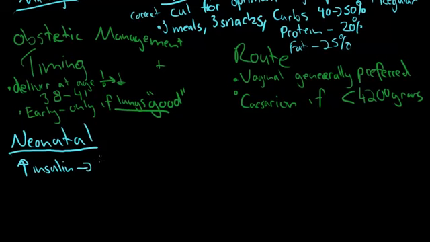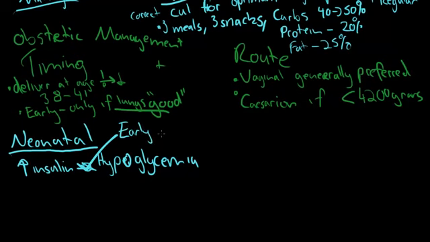So the high insulin can lead to hypoglycemia. We prevent that from happening with early feeding, and that's usually dextrose 10% in water.